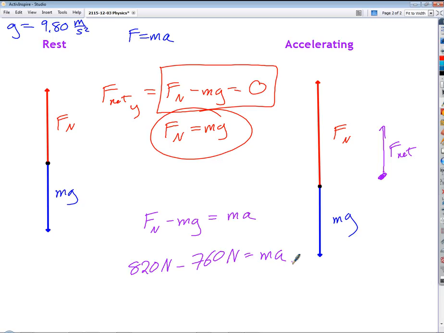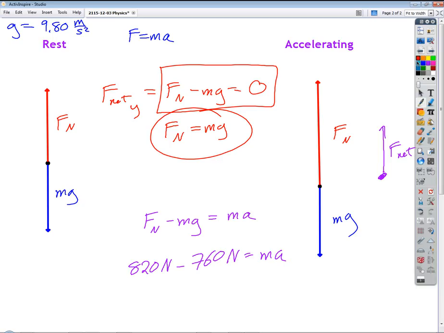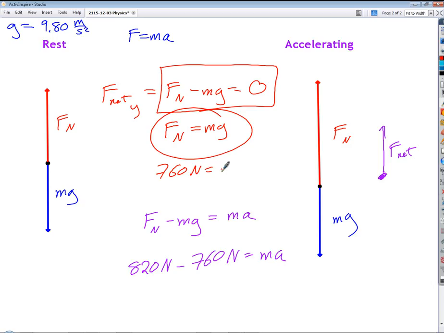Right? Because in part A, when the elevator was at rest, what was my normal force? 760, right? So up here, we know that 760 newtons equals m times g, but what's g? Right?